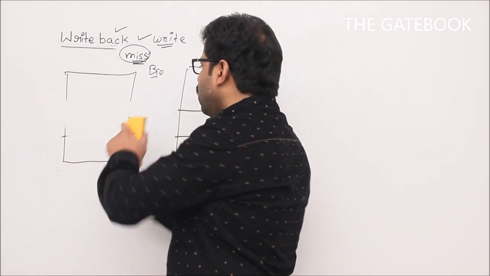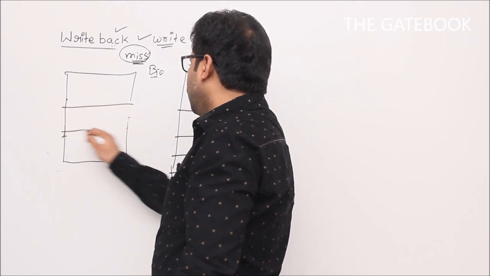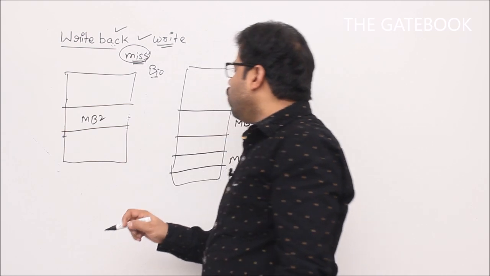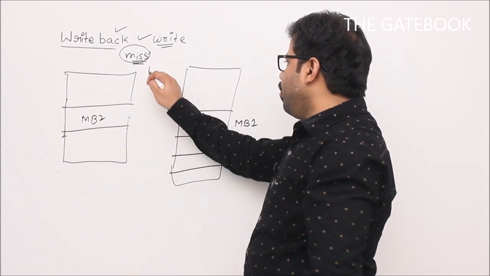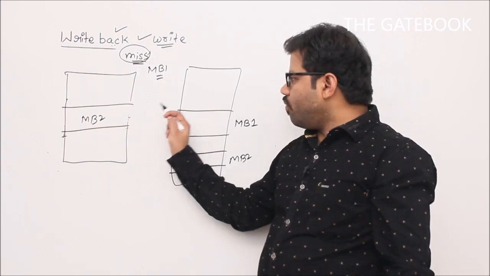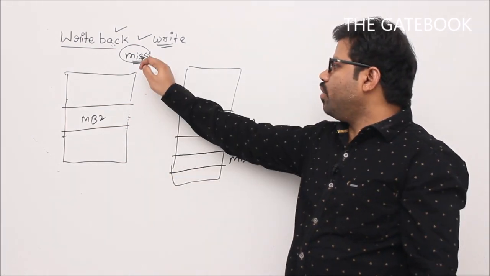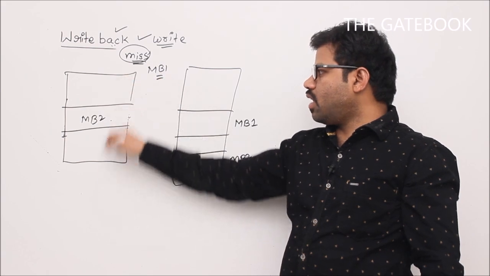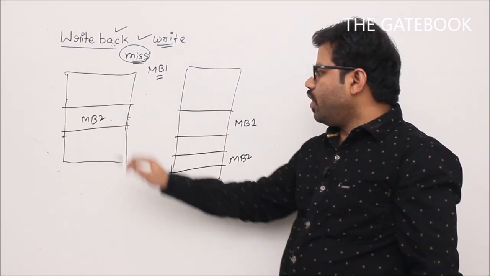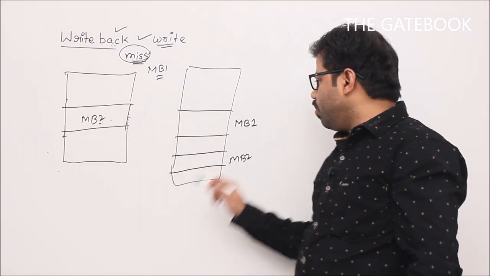Currently the cache contains main memory block 2, MB2. Now you want to refer to main memory block 1 because you want to update some word in it. A miss occurs because main memory block 1 is not available. Then we replace main memory block 2 with main memory block 1.